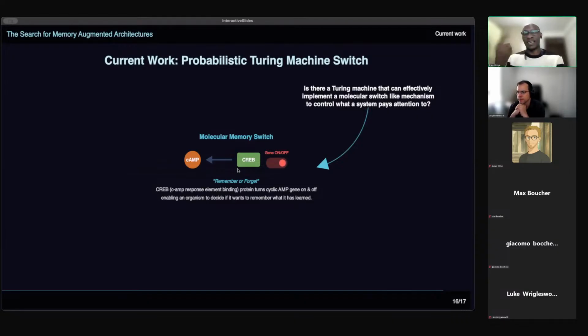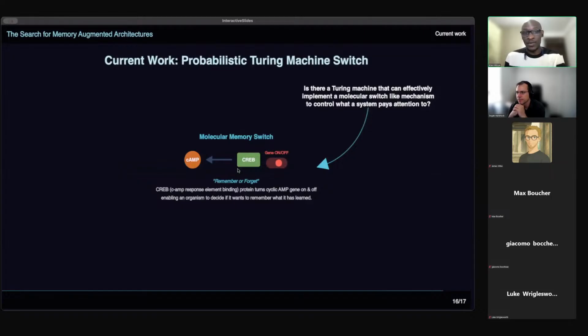If you run a system like a Turing machine based on different probability distributions, then you decide whether it goes right or left. I can encode right to represent on, and left to represent off.